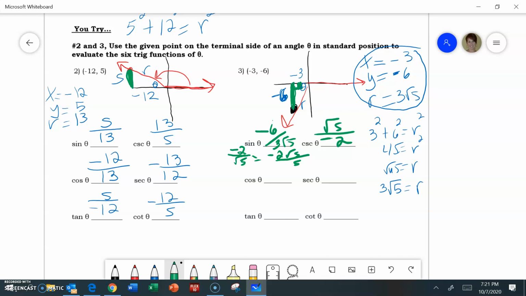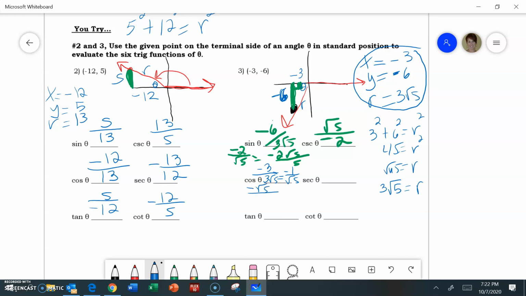Your cosine, all right, I'm going to do that in a different color so it doesn't all blur together. Your cosine is going to be your x-coordinate over that hypotenuse, which is 3 radical 5, or the radius. Once again, I would probably simplify this down to -1 over radical 5, and then multiply by radical 5 over radical 5 to rationalize your denominator.